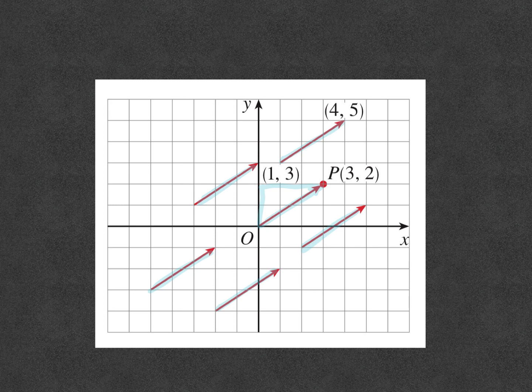The one from the origin to point P, this main one right here, is called the position vector because it's actually the one that starts at the origin, so it's easy to find the length of P. And when you think in terms of Calc 2 and all the things you've learned, like in polar coordinates, the x-axis is your pole and this is your main angle. So it kind of helps you figure out that that's your position vector. The same thing is true in three space, but I'm not going to try to draw it for you.